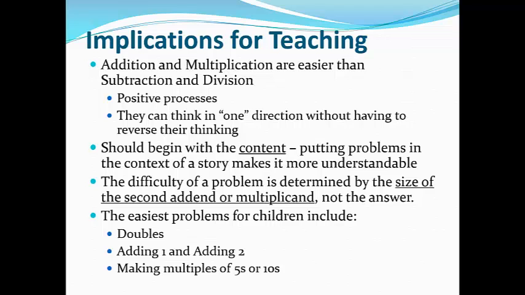For example, 12 plus 2 is much easier than 2 plus 7. So it's not the size of the answer, but the size of that second number. If you think about it, that makes total sense.